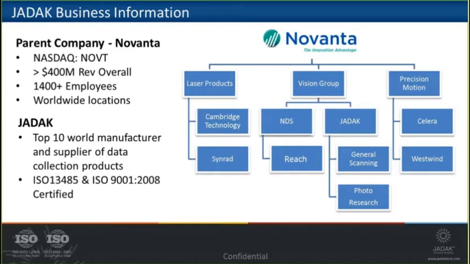Think of robotic surgery, where that surgical arm needs to move in very precise measurements and positions, down to nanometers and microns. That group is responsible for that segment of Novanta.